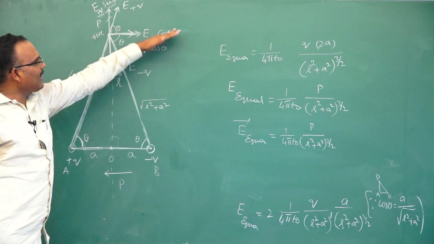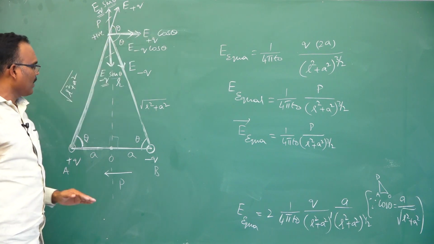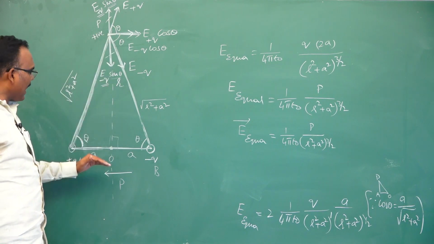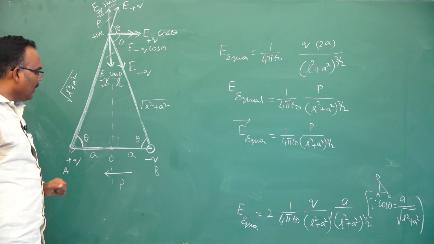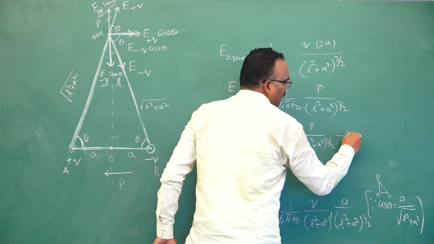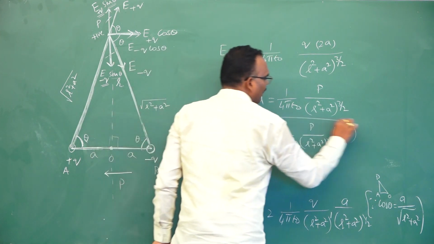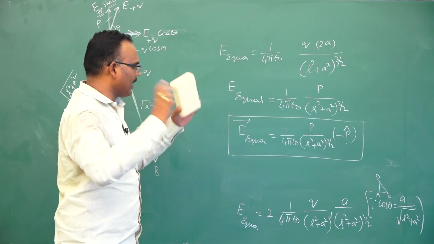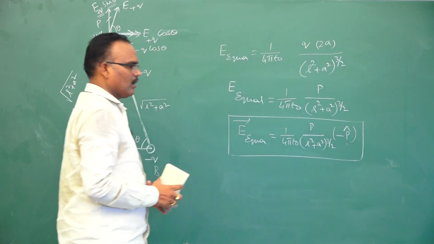So electric field direction at any point along the equatorial line and the dipole moment are in opposite direction. That means angle between dipole moment and electric field is 180 degrees. So I have to multiply the unit vector with minus p cap. So this is the vector notation of electric field at any point along the equatorial line accurately without any approximations. This is the true value.